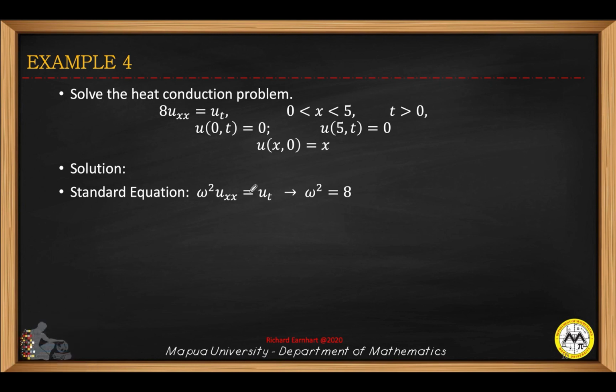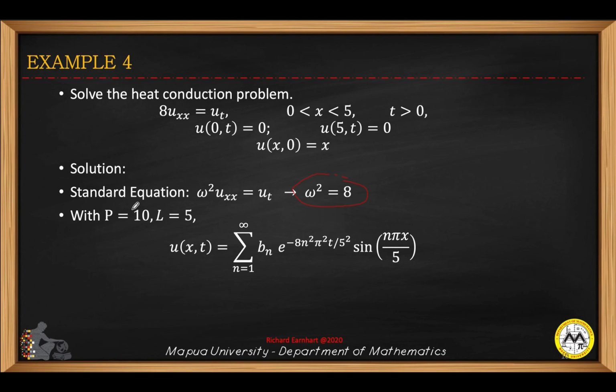The standard equation for the heat conduction problem is omega squared u sub xx equals u sub t, and therefore you will take omega squared to be 8. L here is equal to 5, so the period is equal to 10.